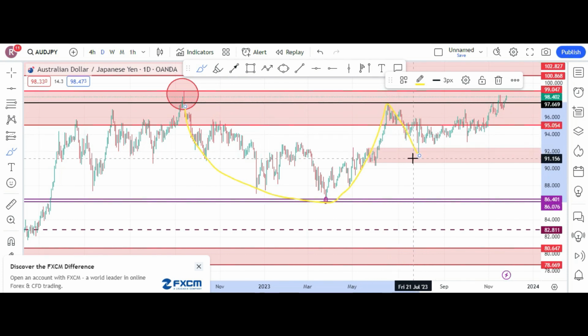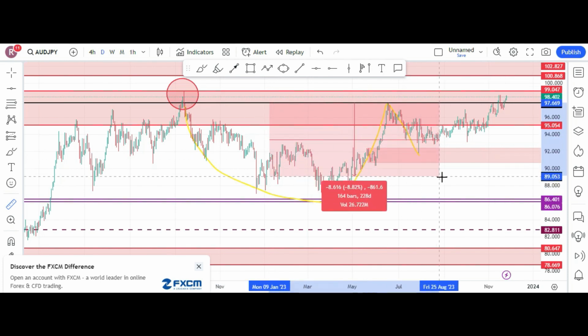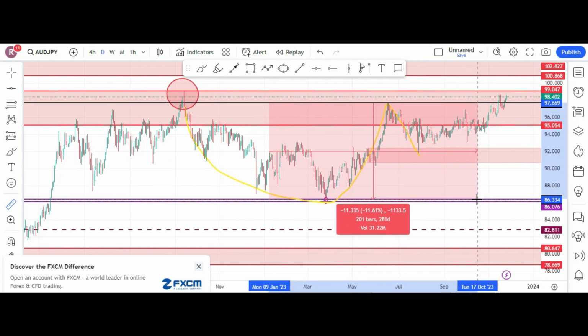Okay guys, now see the beauty of this thing. If we measure from the neckline of the cup to the bottom of it, can you guys see? The handle has perfectly matched the 50%. Isn't it beautiful?